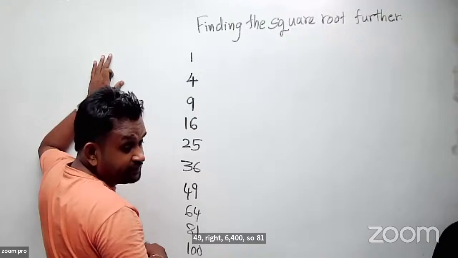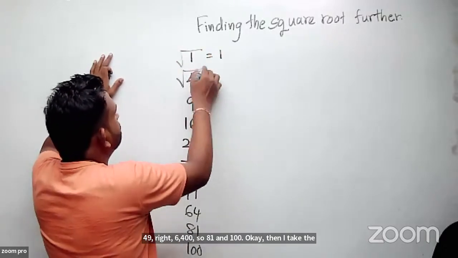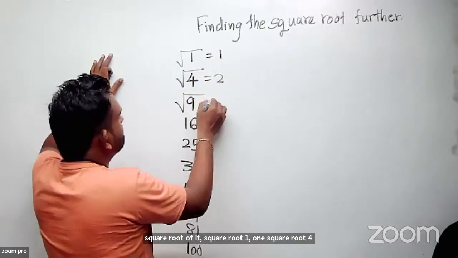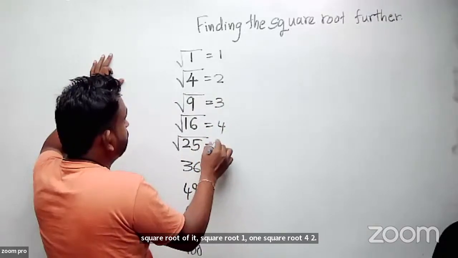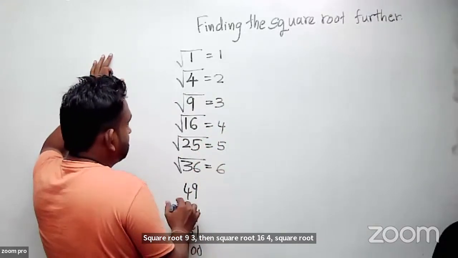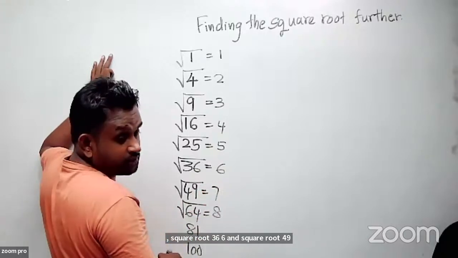Then I take the square root of them. Square root 1 is 1, square root 4 is 2, square root 9 is 3, square root 16 is 4, square root 25 is 5, square root 36 is 6, then square root 49 is 7, square root 64 is 8.